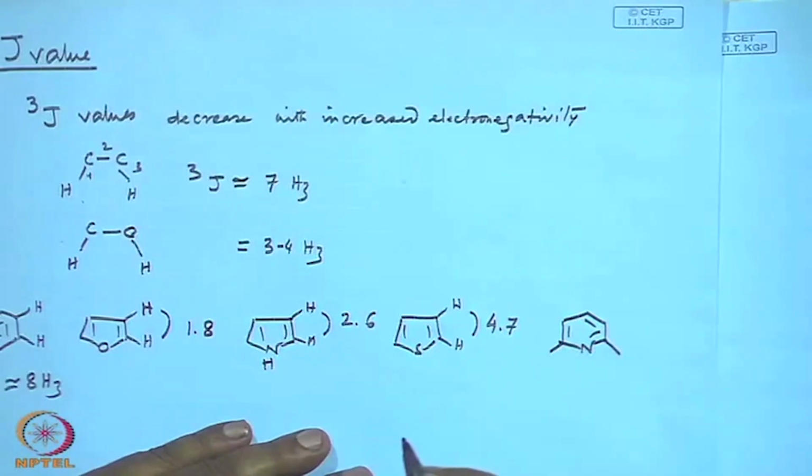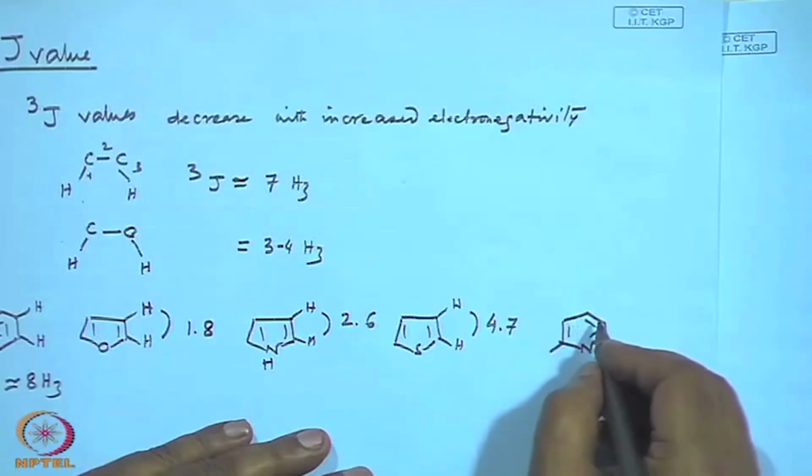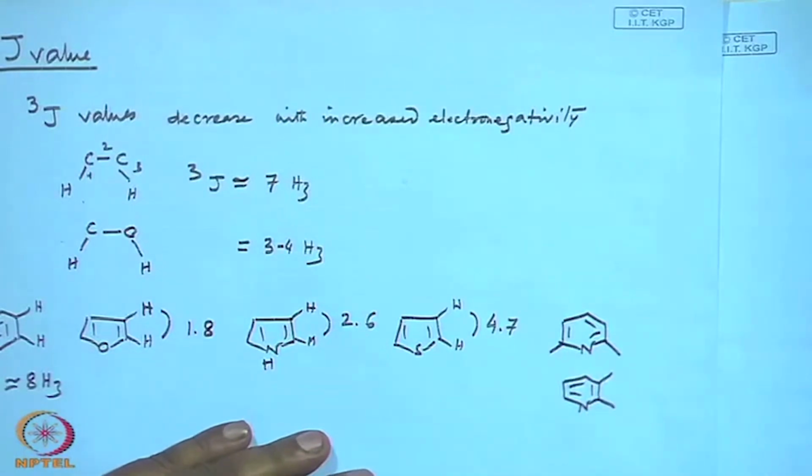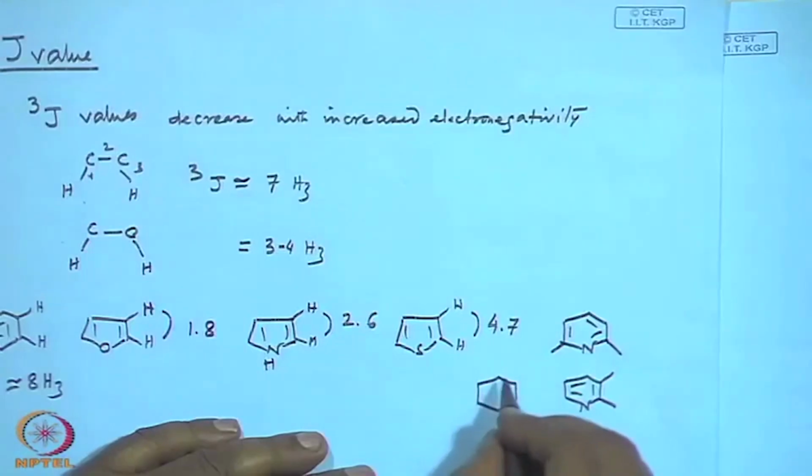Let us say this is one possible structure, and another structure could be this structure. How do you distinguish? It is very difficult, but let me give you one more structure. I think this is a better option.